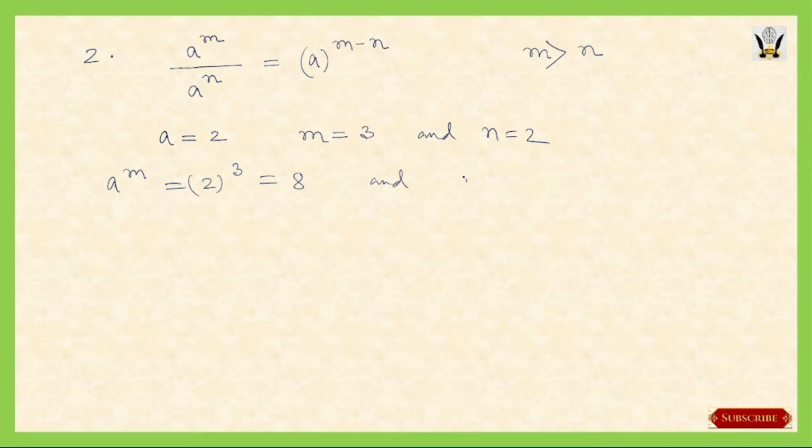And a to the power n will be 2 to the power 2, that means 4. So the left hand side will be a to the power m divided by a to the power n, that means 8 divided by 4, so it will be 2.